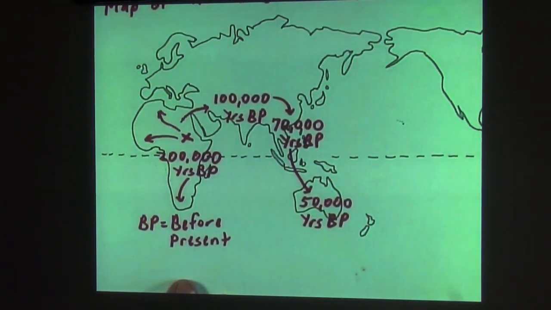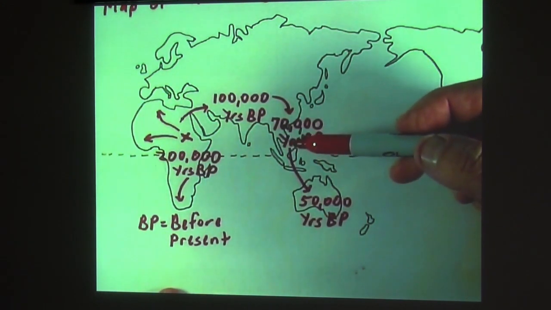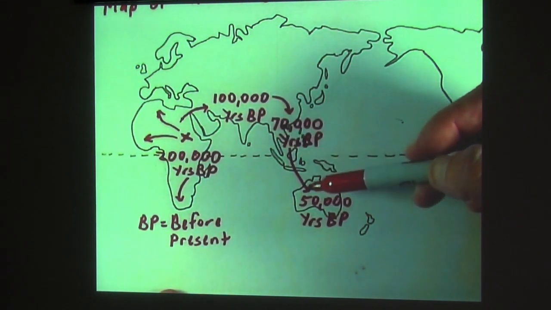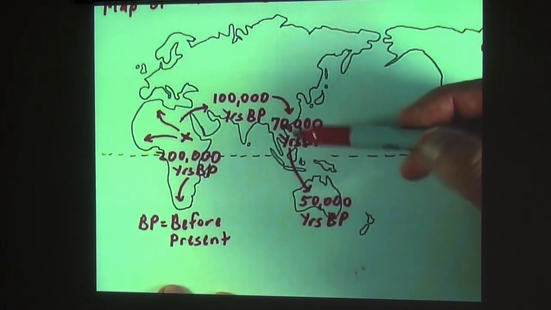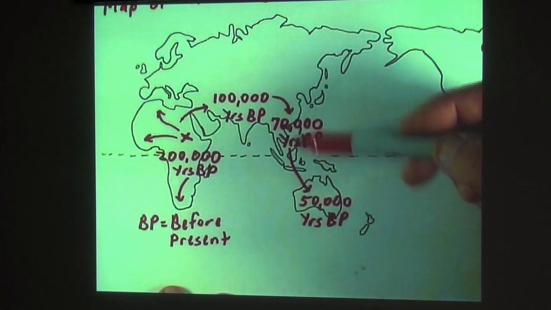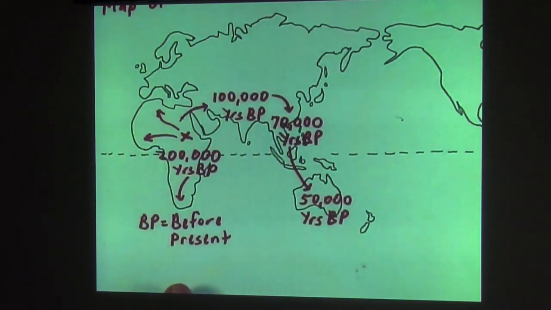Now, how did they get there, Mr. O'Brien? Well, there are several theories. The level of the seas could have been lower. They could have literally walked. They could have been inventing things by this time, like boats, to get themselves to this place. All right? So still we are quite a long ways away.